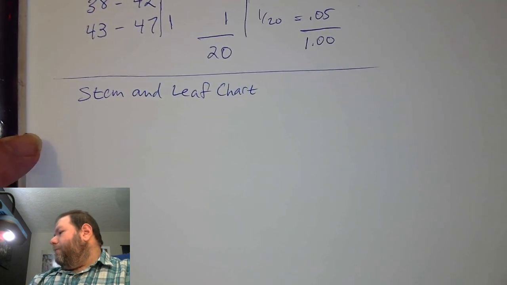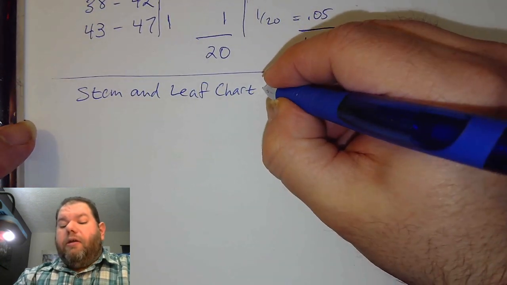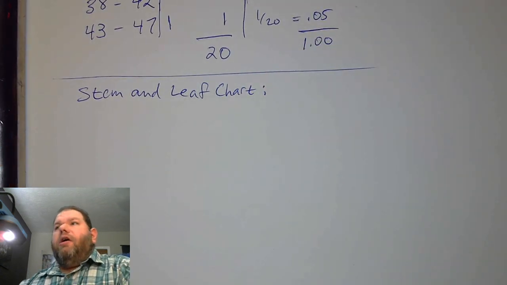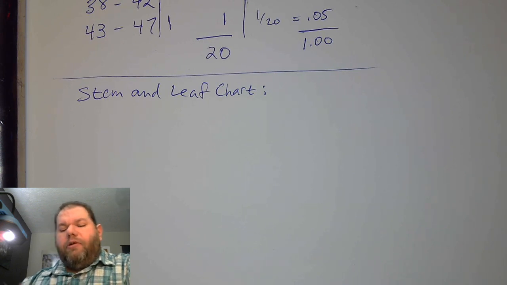And in a stem and leaf chart, the idea is that data values are grouped by some common term.